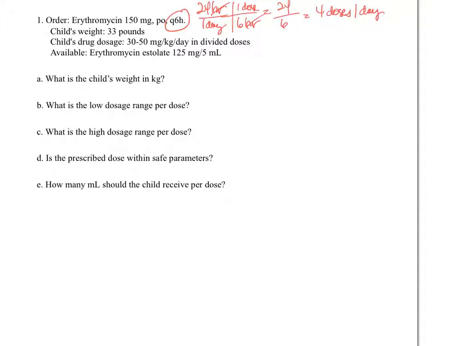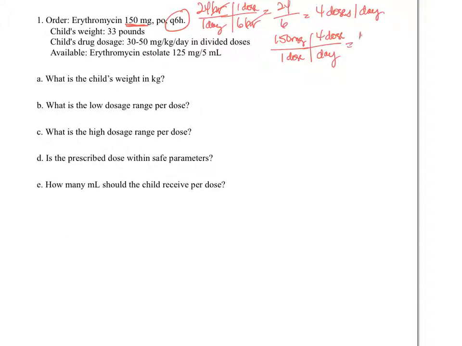The next thing I want to do is figure out the total milligrams of this medication we're going to be giving per day. So we take 150 milligrams per one dose, and we have 4 doses per day.